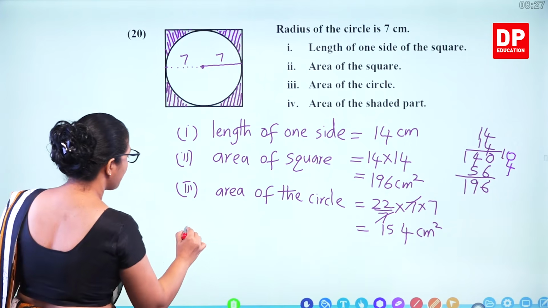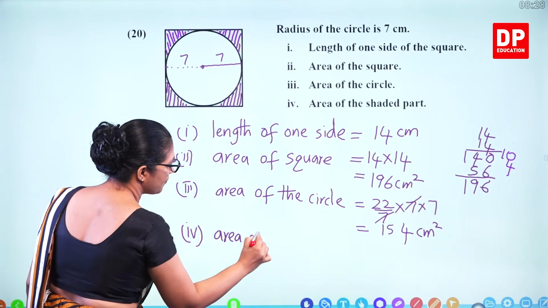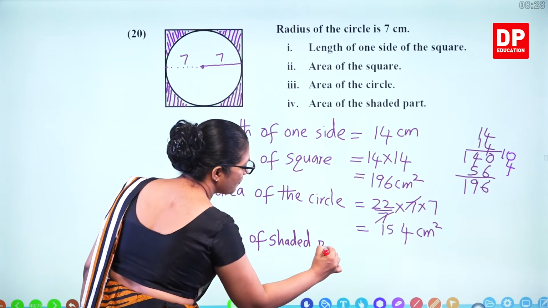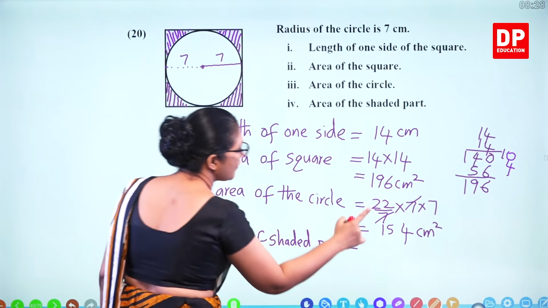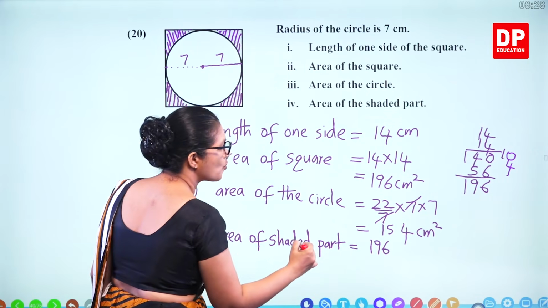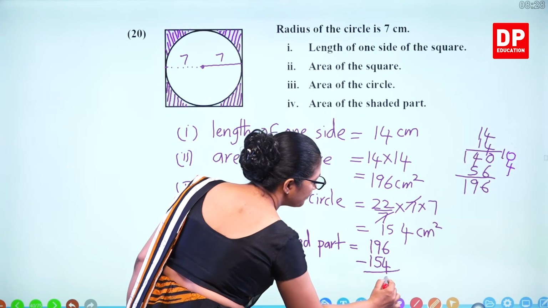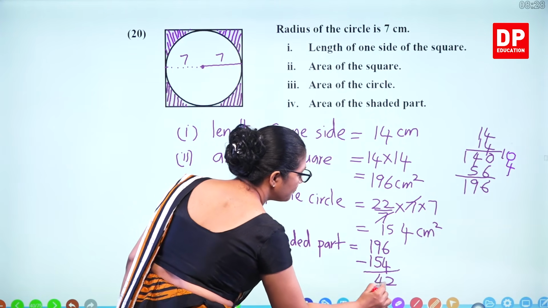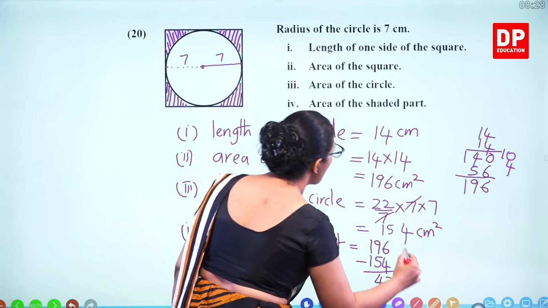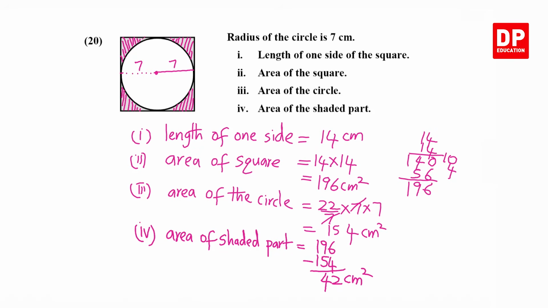So what's the area of the shaded part? Total area is 196. That's the area of the square minus area of the circle. So you get 42 square centimeters is the area of the shaded part.